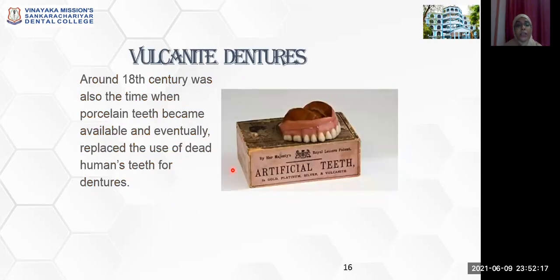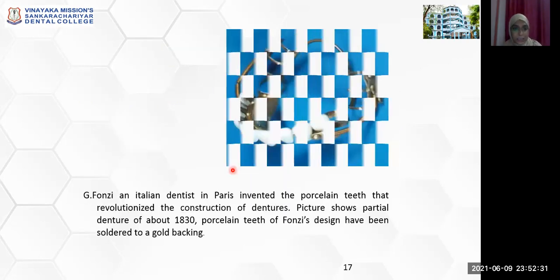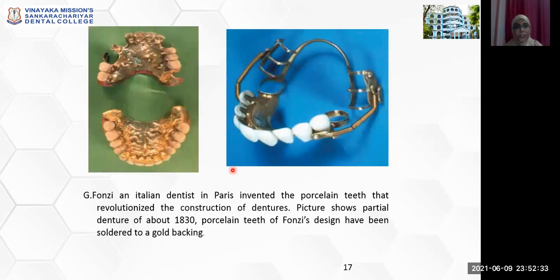Then it was only around the 18th century that something called vulcanite came into use. So it was initially the porcelain teeth, and those porcelain teeth were placed in vulcanite denture base material. Right? So here in the image you can see that this is a denture which is made up of porcelain teeth. The denture base is made up of gold.